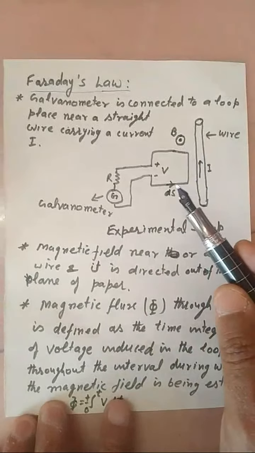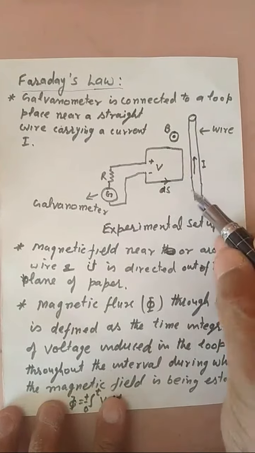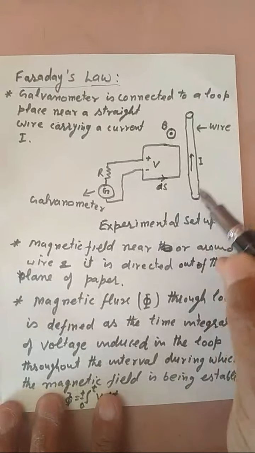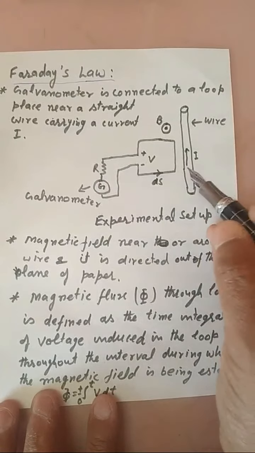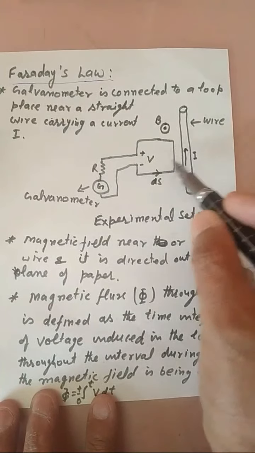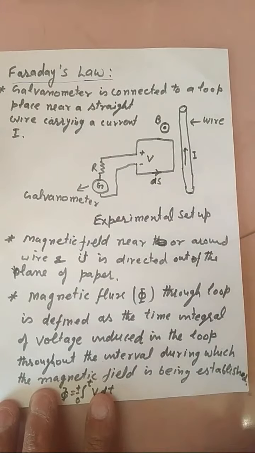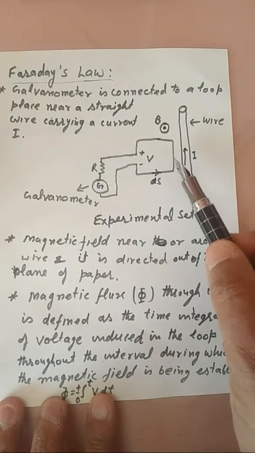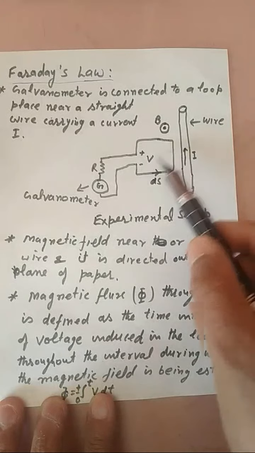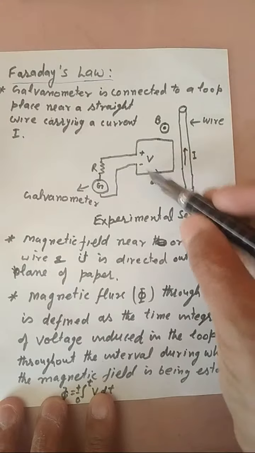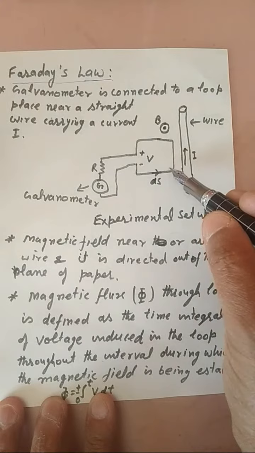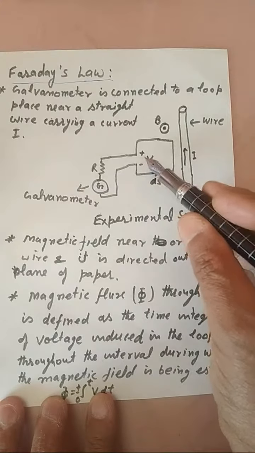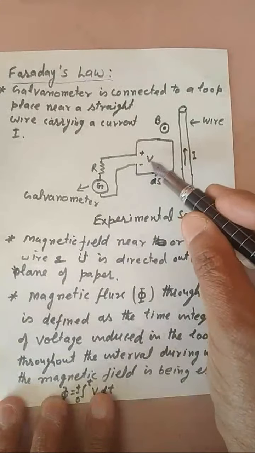And you know that when current is passing through this straight wire, magnetic flux will be linked through this loop, and there is production of induced EMF, or you can say voltage is developed across this loop.